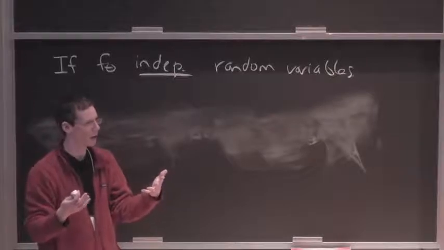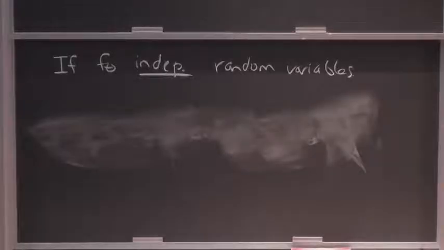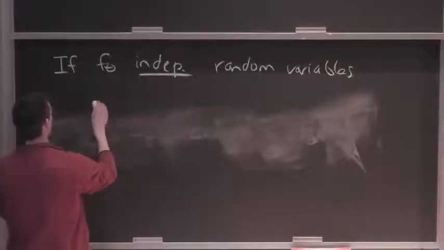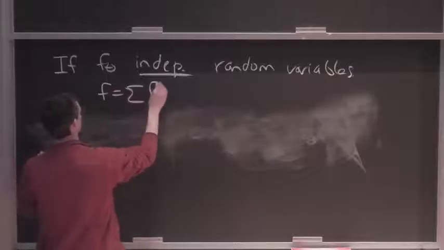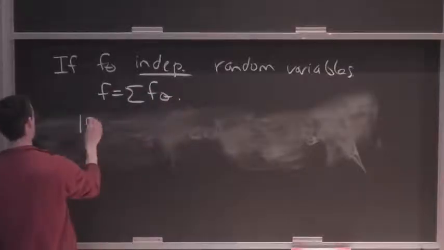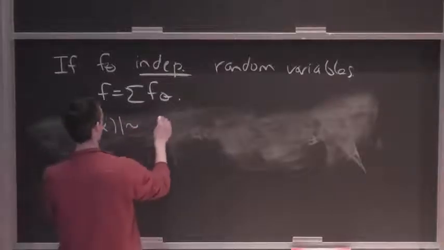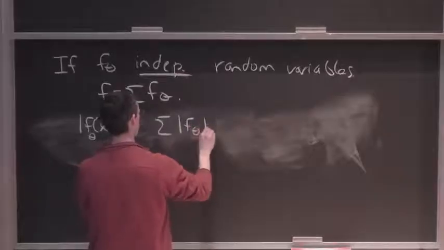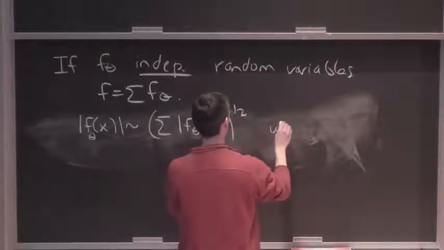But I'll argue that we can think of this as a kind of quasi-independence condition. So what would happen if they were independent random variables, and f is their sum? Then f would typically be around the sum of f theta squared to the 1/2 with high probability.